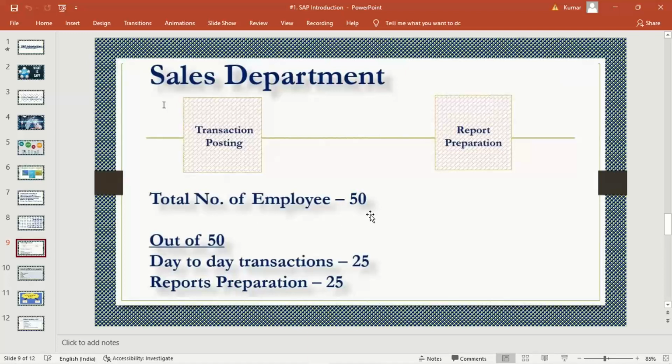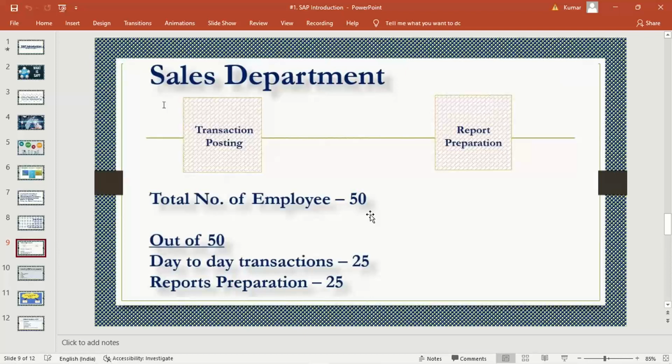Consider the total number of employees. Assume two scenarios: before implementation of ERP and after implementation of ERP. If ERP, I mean SAP, is not implemented in a particular organization, nowadays they use some different ERP. But think of 30 or 40 years back, when computers were not that prevalent in most organizations, they used to perform manual activity and maintain registers, right?